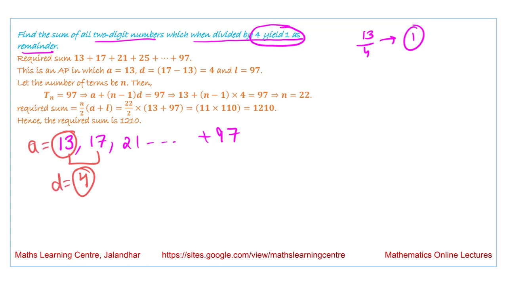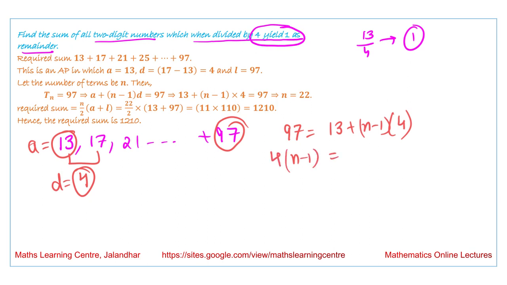So the number of terms, if we say n is the number of terms, 97 is equal to 13 plus n minus 1 into d, where d is 4. So we will get n minus 1 into 4 is equal to 84.